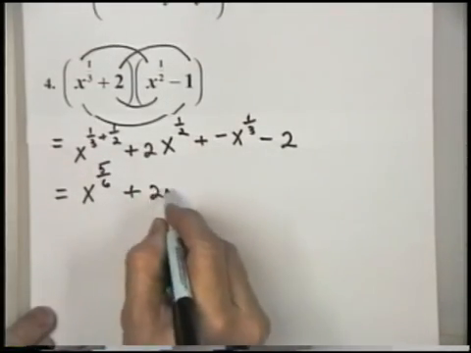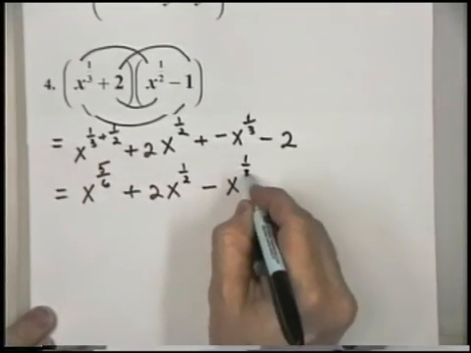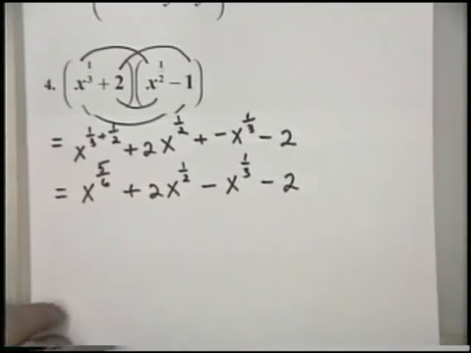That's 2/6 plus 3/6, which is 5/6, plus 2x to the 1/2 minus x to the 1/3 minus 2. Quite often in multiplying expressions like this together, things don't work out very nicely. That's about all you'll end up with, is distinct terms.